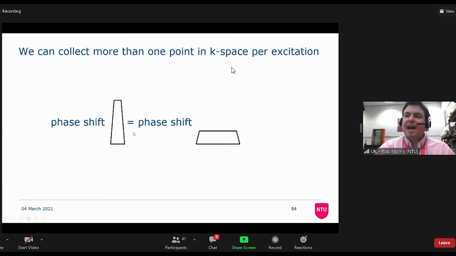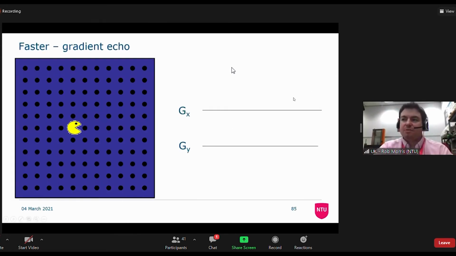So it's the area inside our gradient that makes the difference. Short burst, I move very quickly. Slow and low, I move very slowly, but I will get to the same place. That's really important for the ways in which we can move around, or as we normally say, traverse K-space in order to collect the points that we're interested in.